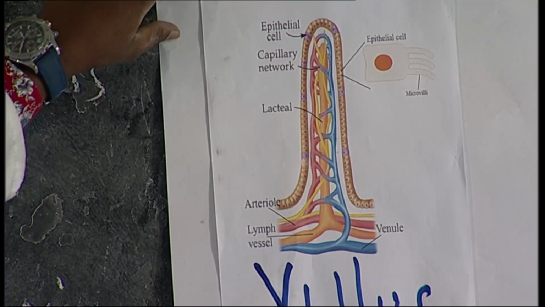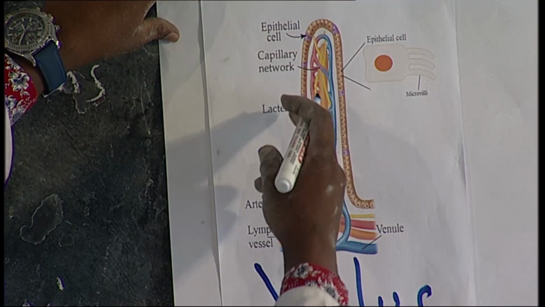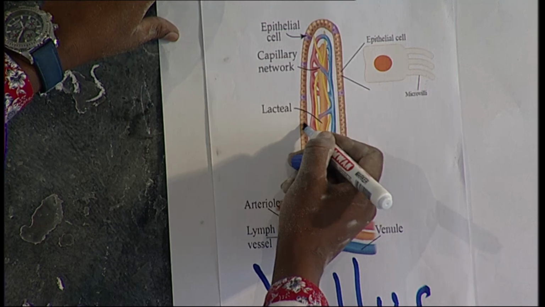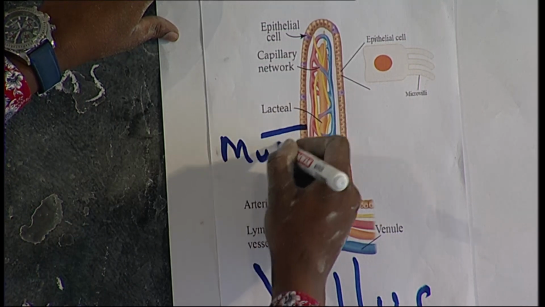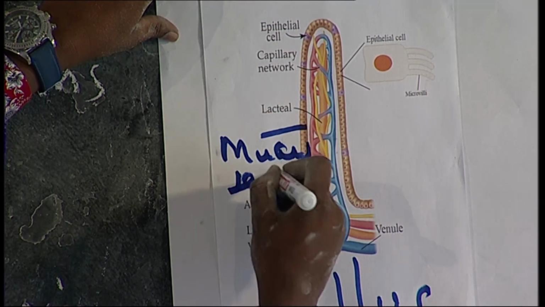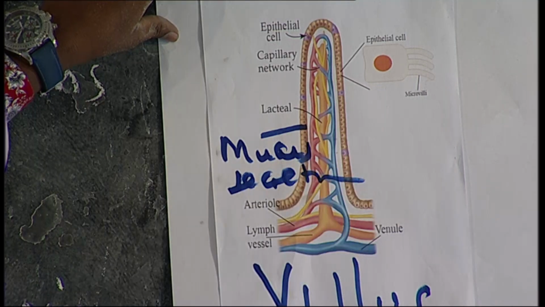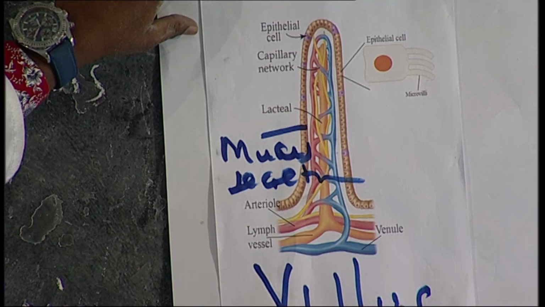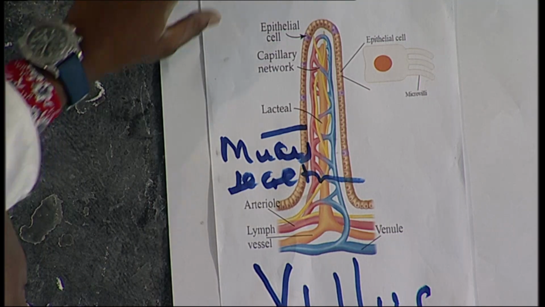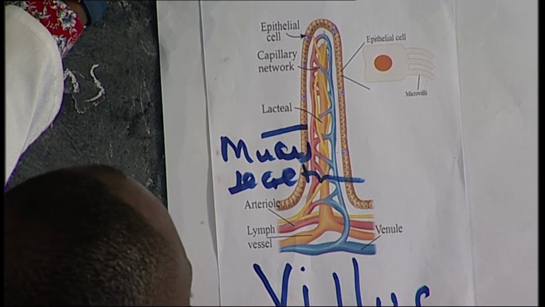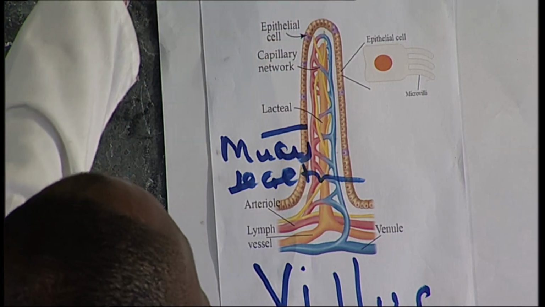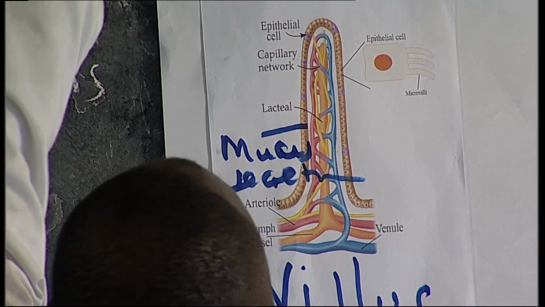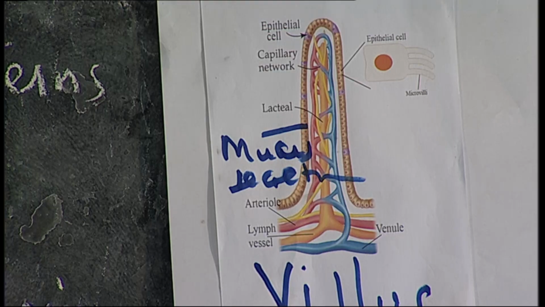You also have mucus secreting cells. We have lymph vessels. We have arterioles. We have venules, and so on. So this is the internal structure of the villi. And I said the villi are normally found in the small intestine, in the ileum precisely, which plays a big role in absorption of the end products of digestion.